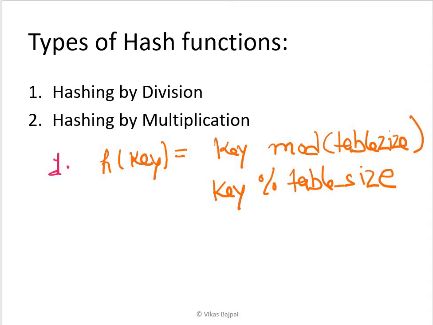What it does is that it divides the key by m, and we use the remainder, because it's the mod sign, which is obtained. Now this division method is very good for any value of m, and it requires only a single division operator, right?